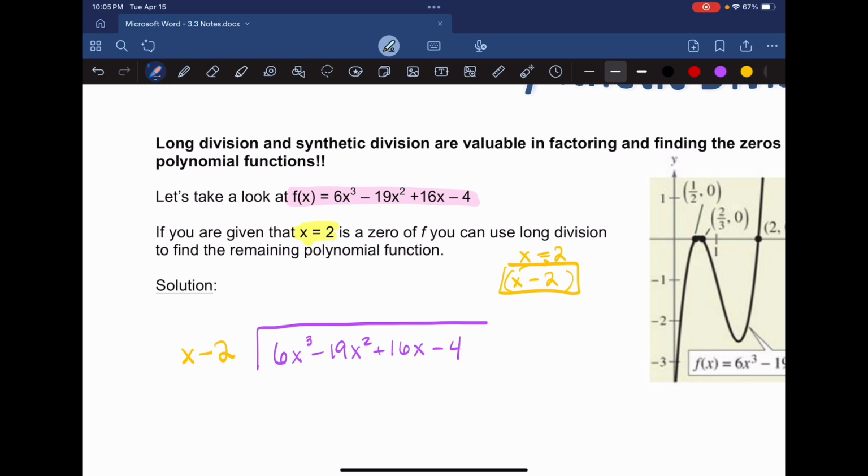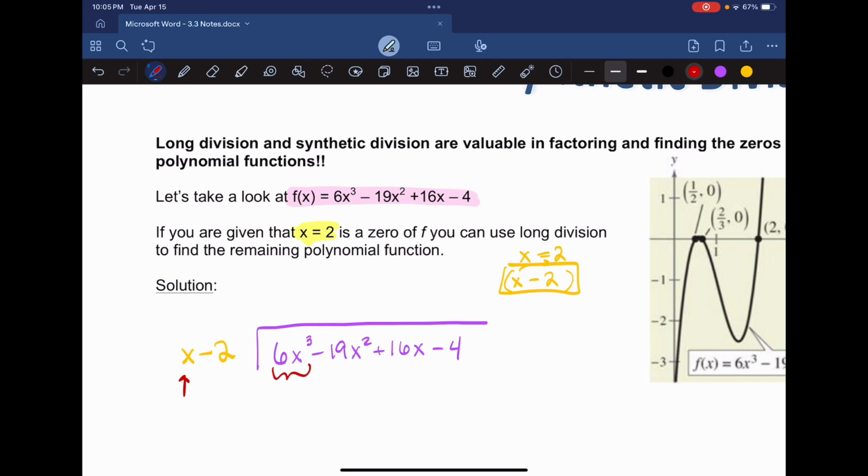All right, so now let's actually try this. So the way you need to think about this is we're going to look at our first term here, my x, and we're going to kind of think backwards. So think reverse of division. What would I need to multiply by that x value to get 6x cubed?